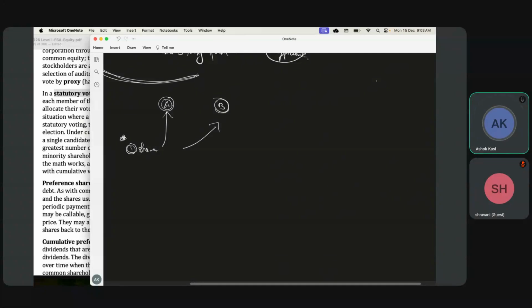This is one decision, this is another decision, whether an auditor or a director, anybody. So you are voting here and voting here, casting one vote each.